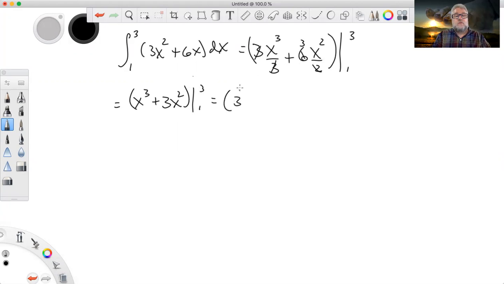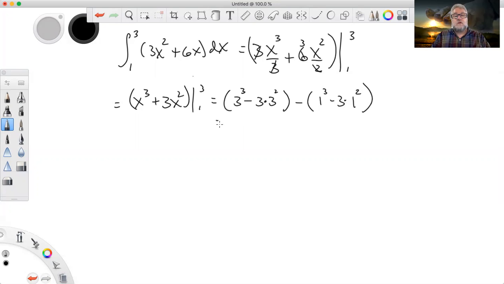So it'd be 3 cubed plus 3 times 3 squared, minus 1 cubed plus 3 times 1 squared.